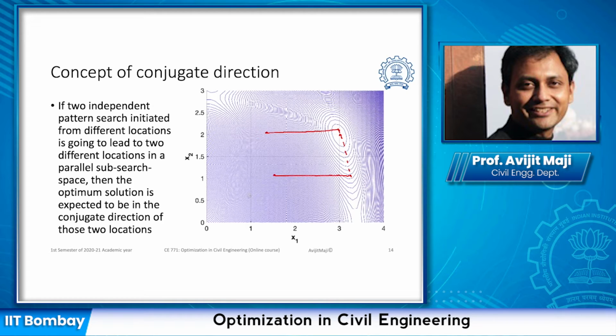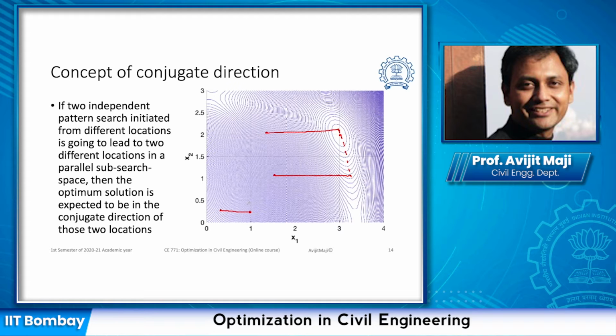Now, how should we choose these two parallel subspaces? How should we guide these two locations? This is where we can actually understand the concept of Hooke-Jeeves method, where we have selected the direction along the design variables or decision variables to start with. So if you are choosing a direction along the variable, suppose this is the better point which I have obtained.